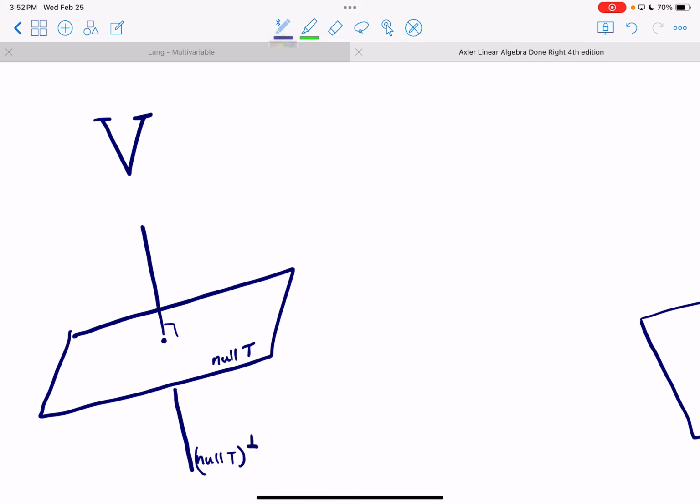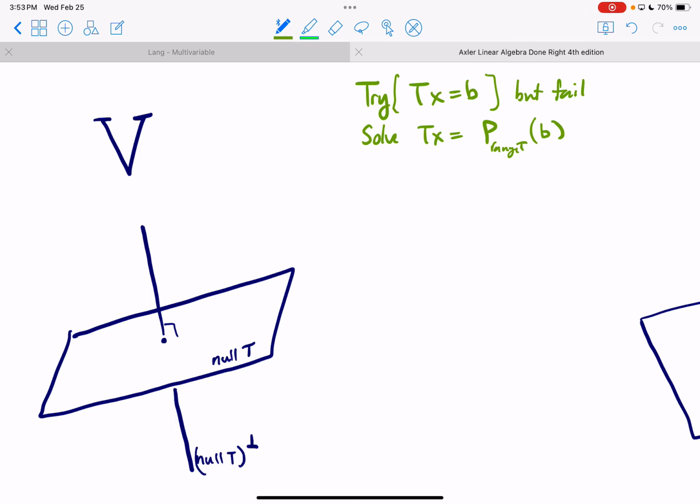And so let me remind you what we're doing here. We try to solve Tx equals b, but fail. So then we solve Tx equals the projection onto the range of T of b. But, and here's the second problem.